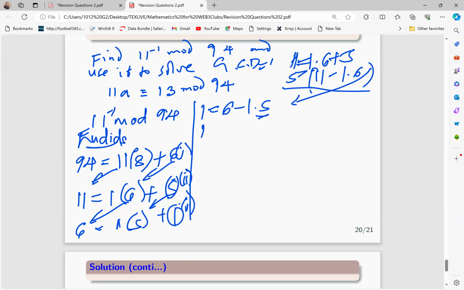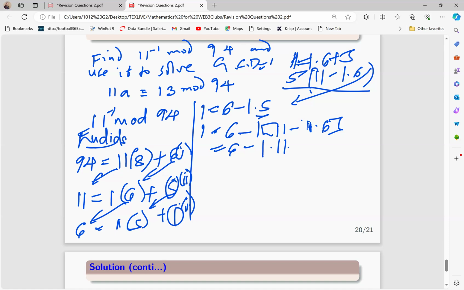So it becomes 1 equals to 6 minus 1, now into brackets, the new 5. So it becomes 11 minus 1 times 6, I guess. Then you close it. So the equation becomes 6 minus negative 1 times 11, becomes negative 11, or 1 times 11.